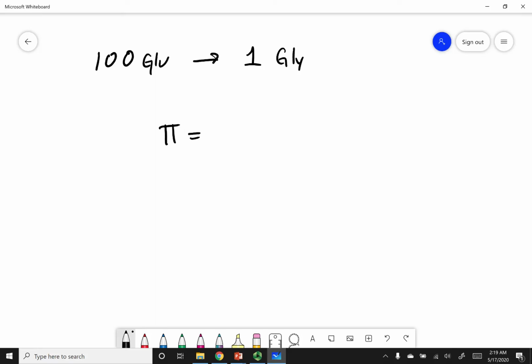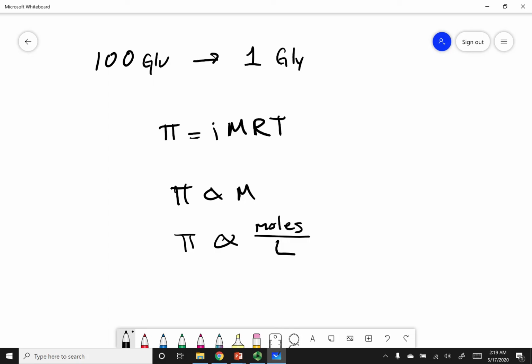Our osmotic pressure equals iMRT. And so both of these things are not going to break up once I put them in water, so i is 1. Let's go ahead and say that R and T, you're doing the same temperature in your body, and the gas constant isn't changing. What you can say is the osmotic pressure is dependent on molarity. And so remember what molarity is. That's going to be moles over liters. And so as the number of moles go up, so does the osmotic pressure.